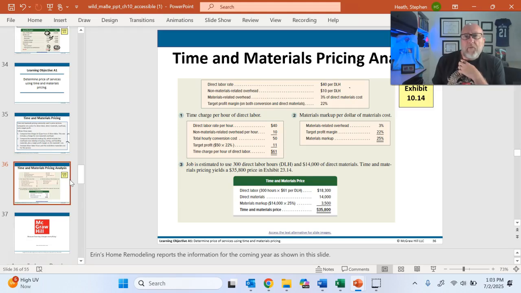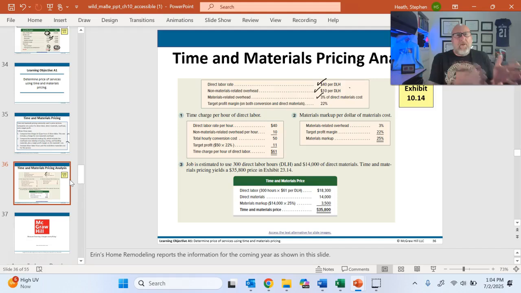Our direct labor rate is $40 per hour. Okay. Non-material related overhead, so like indirect labor, maybe it could be support staff or something. In addition to our direct labor, the support staff hourly rate, we are also going to apply 3% of direct material cost, right?